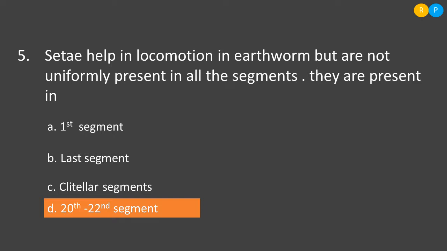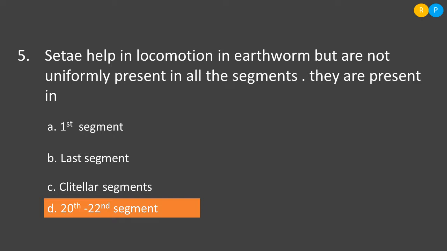That means the first segment, last segment, and the clitellar region. So except these three regions, all other segments of the earthworm on the ventral region consist of locomotory organ.